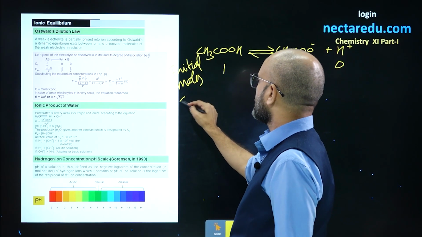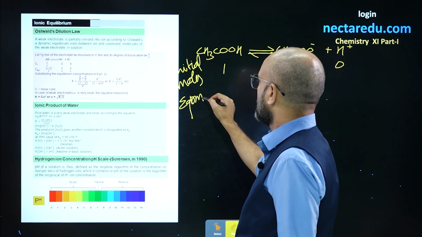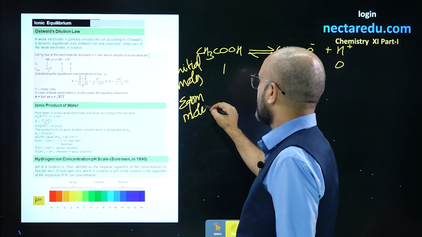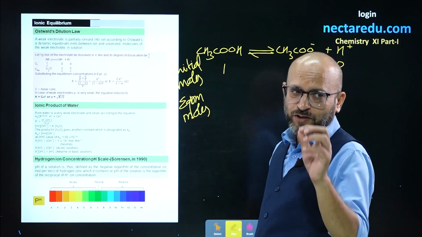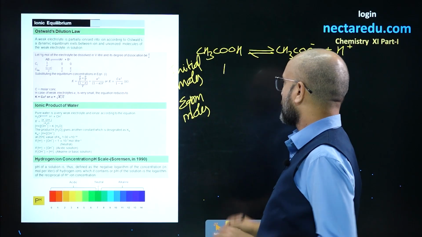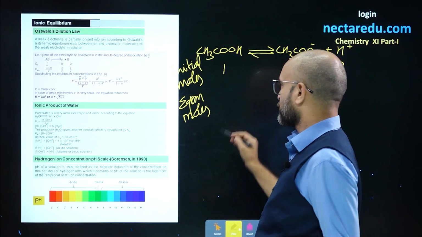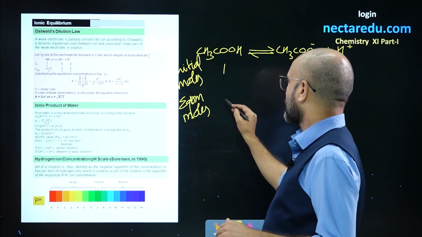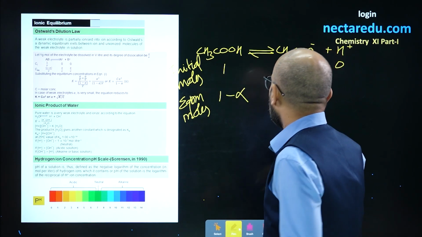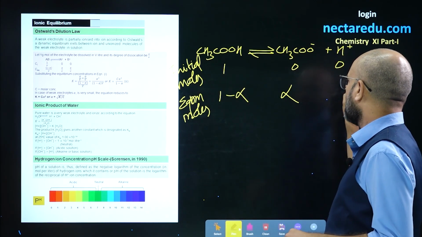At equilibrium, if the degree of dissociation is alpha, the moles left will be 1 minus alpha, and what is formed is alpha and alpha.